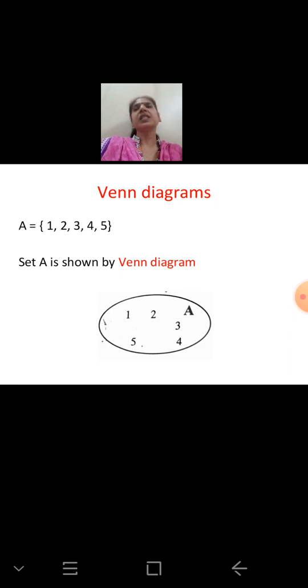Okay, now this is a new concept. These sets which we are writing in the listing method, and even the set builder form, we can also represent using a closed figure. So sets can also be represented by using a closed figure. It can be a circle, oval, rectangle, square, triangle.